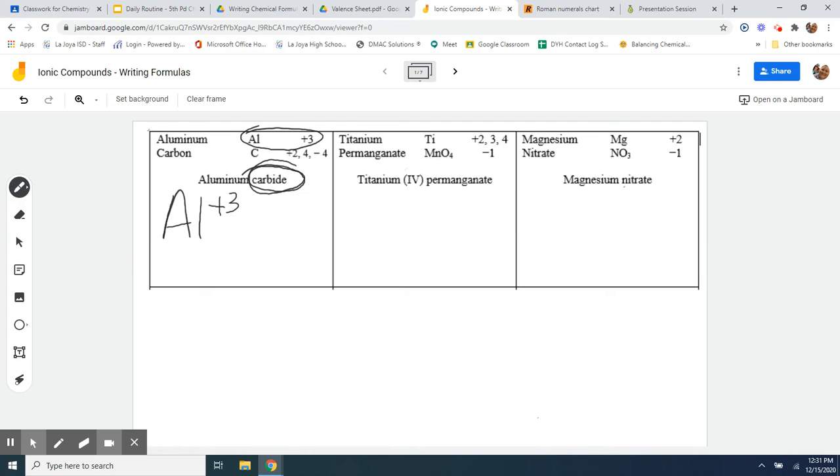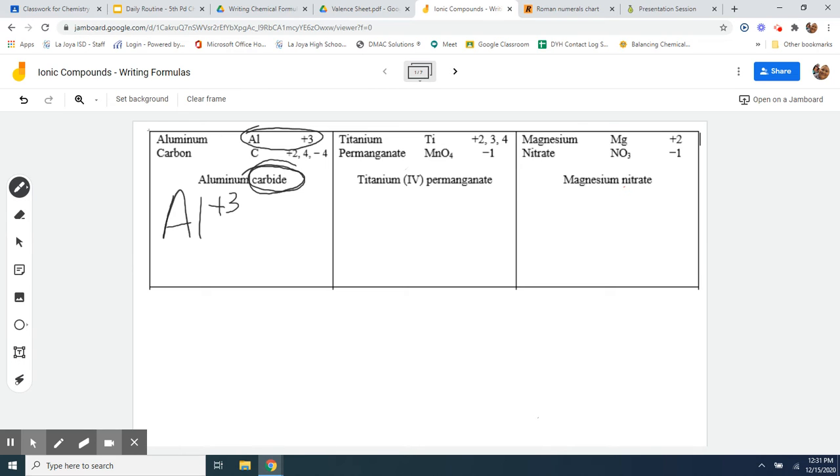Or should it be negative? What do you remember, guys, from last week or 2 weeks ago? What did I say at the beginning? Should I use a plus charge for carbide if it's the second part?